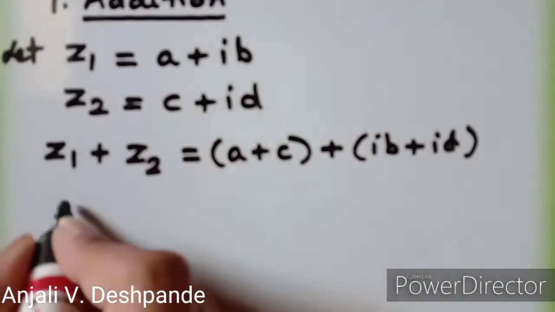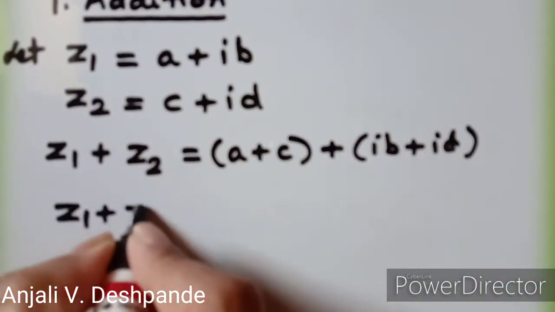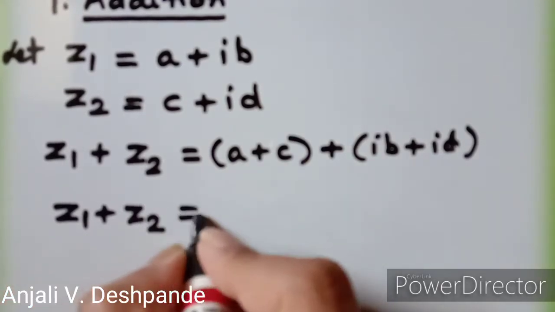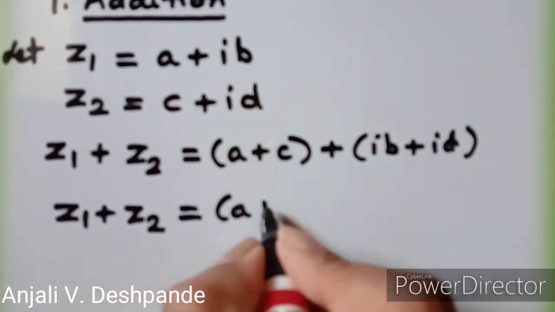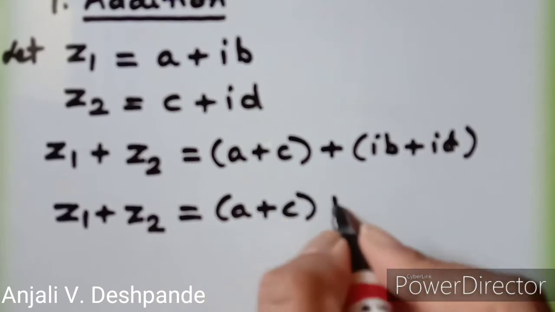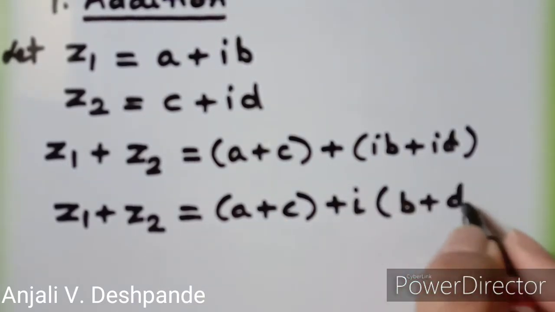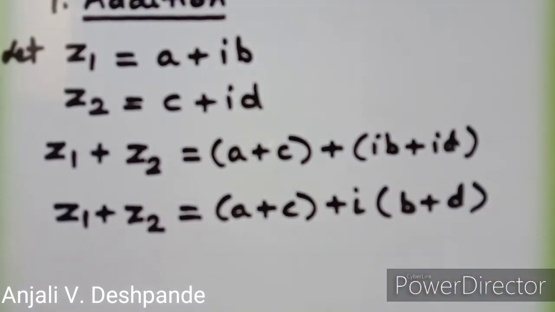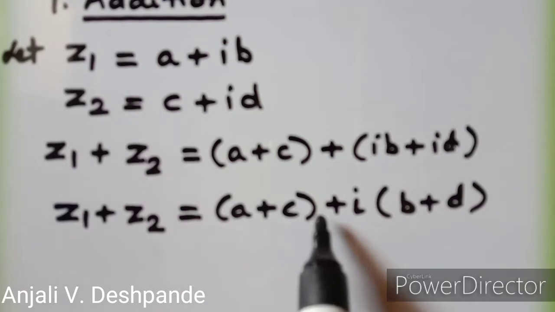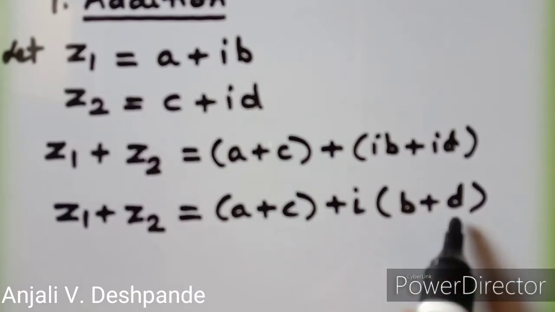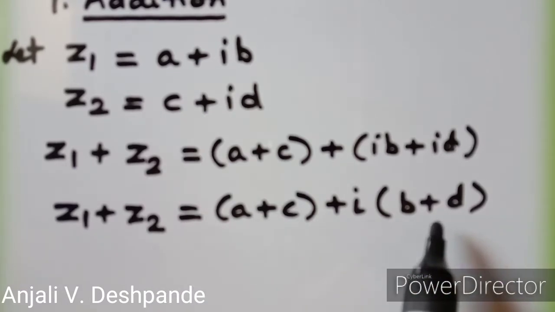So therefore we can write z1 plus z2 is equal to a plus c plus i times b plus d. So that is the addition of two complex numbers which once again gives us a complex number.